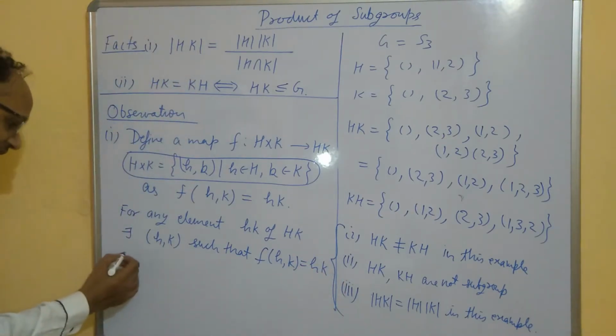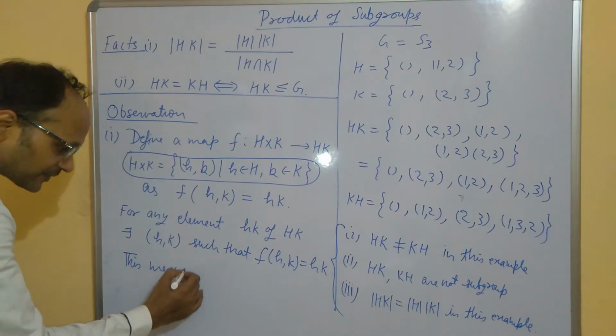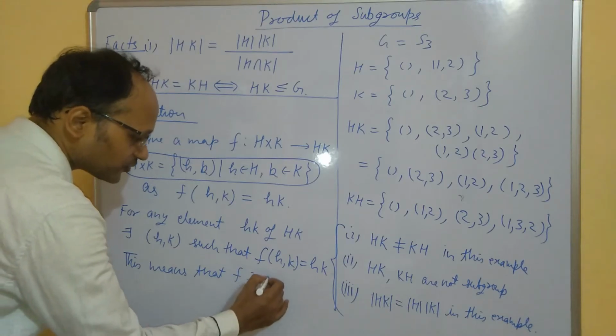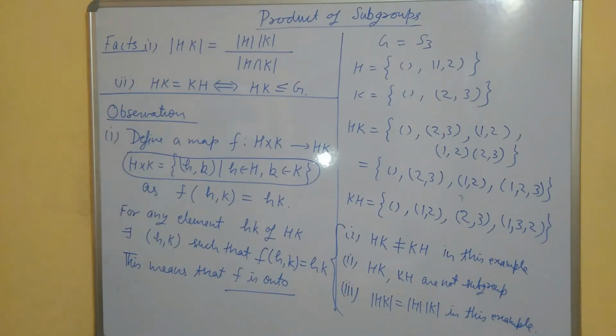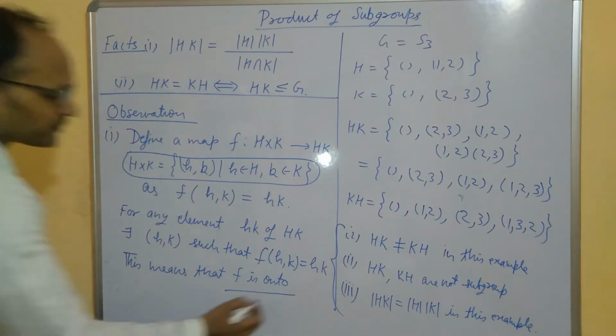So this means that f is onto. So this is an onto map.